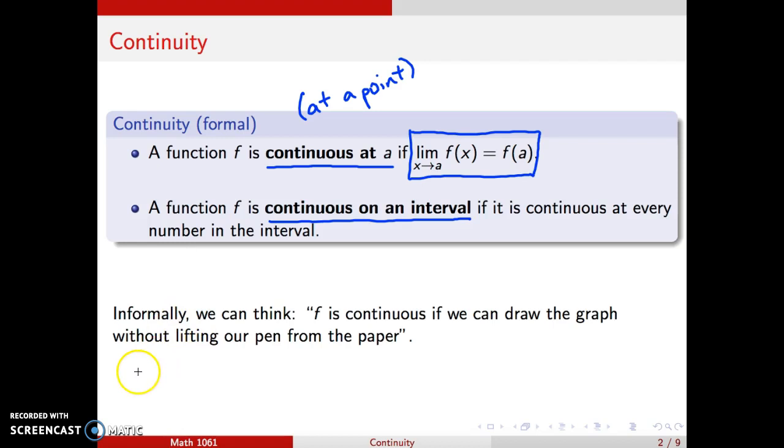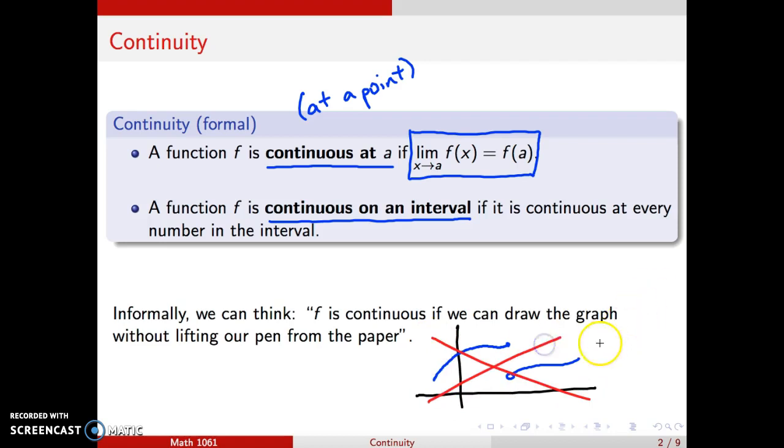So got an extra note here. Informally, we can think it's continuous if you can draw the graph without lifting a pen from the paper. So you just have a crude graph here, something like if I can sketch the whole thing, and if I had to jump down to there, well then that wouldn't be continuous, because I had to jump when I was drawing it.